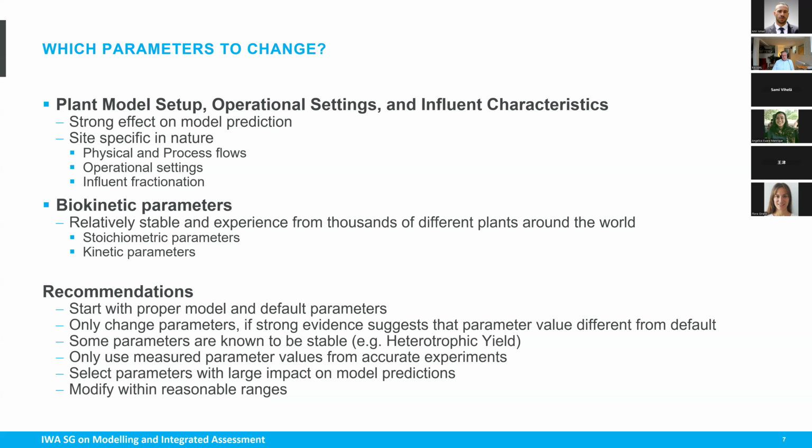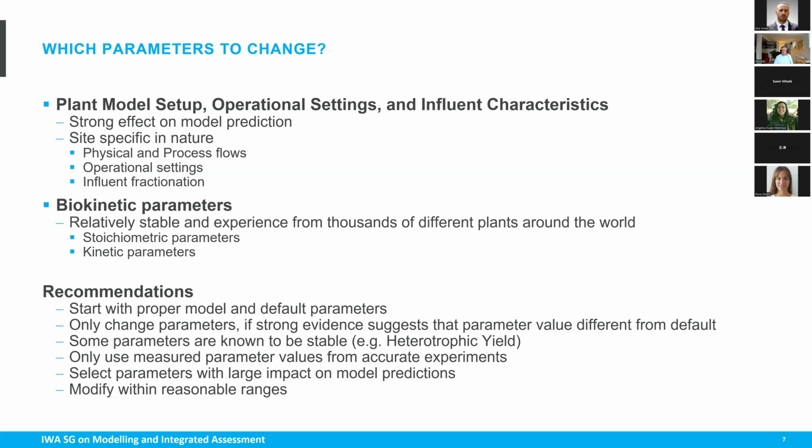That's specifically true for the biokinetic models: only change a parameter if you have strong evidence suggesting that its value should be changed, right? If I review the work of my co-workers, I would always ask them, why do you think that should be changed?